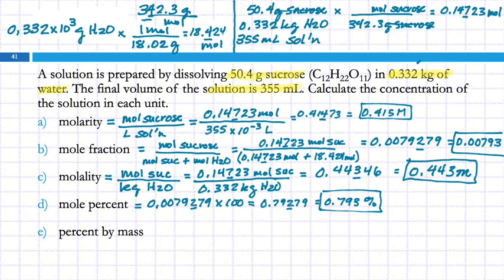So the process here that we're doing is this is the unit they want, and we have to recognize, okay, what does that unit mean? And so we're mostly writing that down. And then we have to find the pieces and stick them in. What does percent by mass mean?